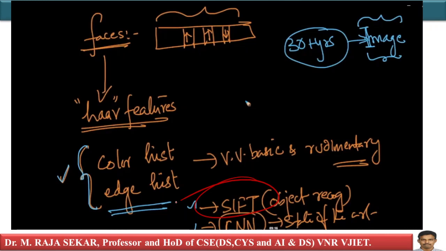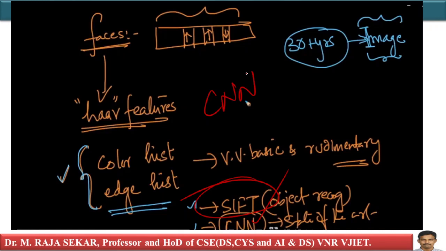As I told you earlier, there is something called CNN, convolutional neural networks, a technique for deep learning which featureizes images. CNN is almost the state of the art. Please don't think that color histogram and edge histogram are the only featureizations available for images.